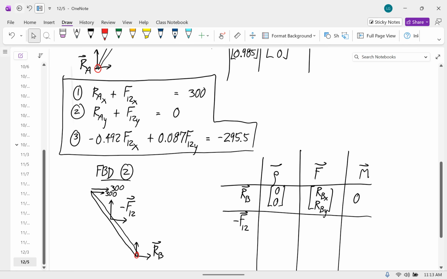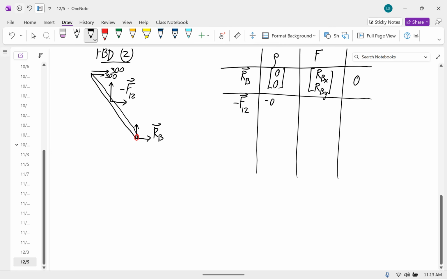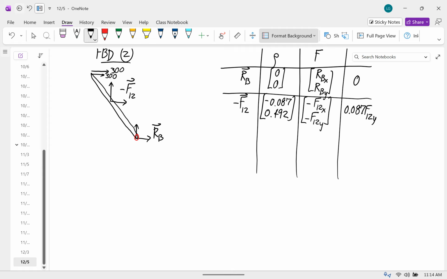The rho vector is negative 0.087, 0.492. That's 1/2 times cosine and sine of 100 degrees. Force vector is negative F12X, negative F12Y. Cross product is positive 0.087 F12Y plus 0.492 F12X.